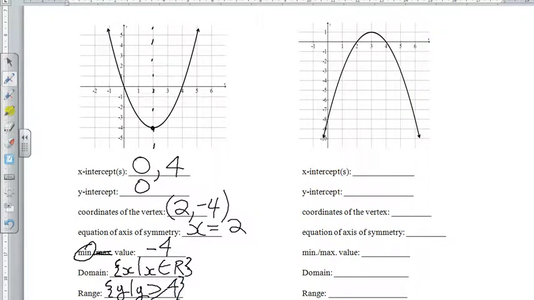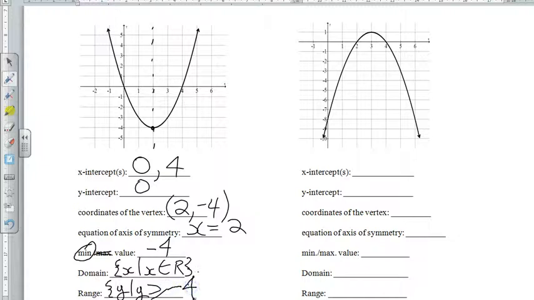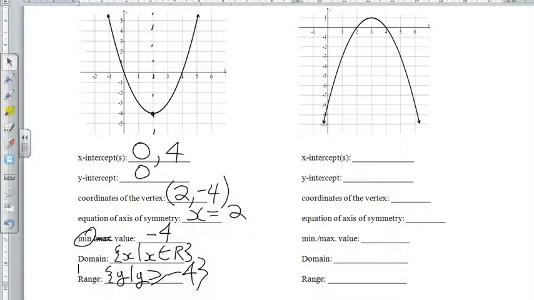Since it opens up, it has a minimum value, which means all of the y values are greater than or equal to -4, right? All of the y values are, that's a -4.